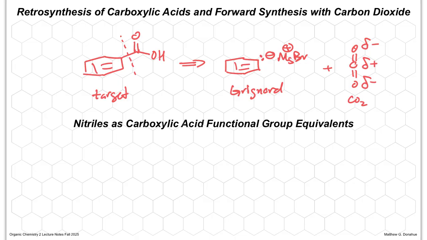Below it says nitriles are acid functional group equivalents. So those carbons in benzoic acid and benzonitrile are both oxidation state 3.